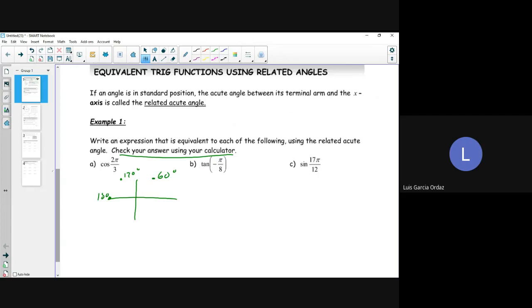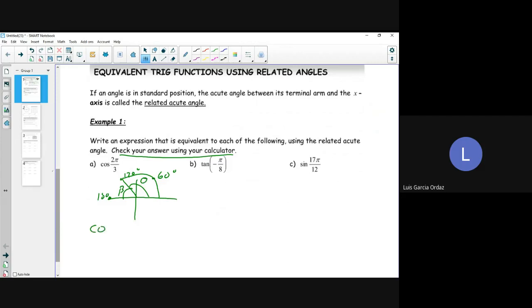So we're going to count 2 sections. 1, 2. So you're not marking that drawing? No, I'm not going to mark your drawings. Okay. So this is our theta, which is 2 pi over 3.